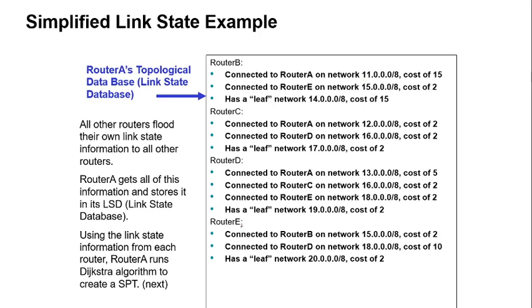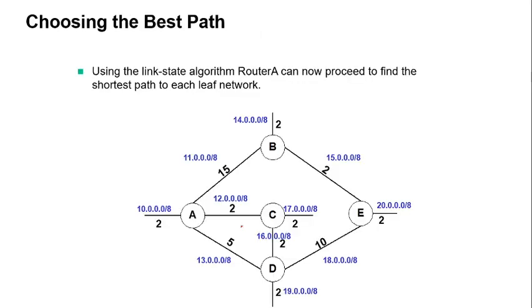So we will use this link state information for each router, and router A will run the Dijkstra algorithm to create a shortest path tree.